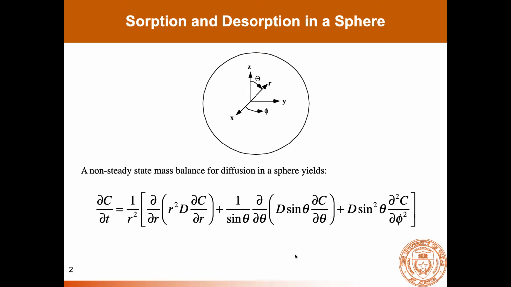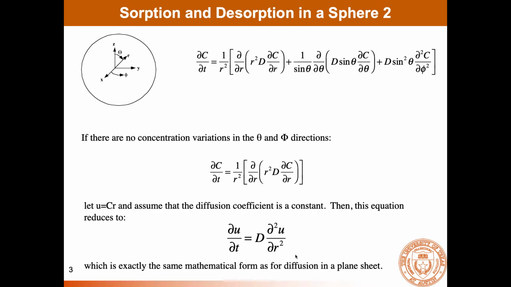result for Fick's law in a spherical system, and these systems are often organized so that there are no concentration gradients in the theta or phi directions, and the sphere itself is sitting in a bath where the concentration all around it is constant, and in that case, only the mass transfer in the radial direction is important.